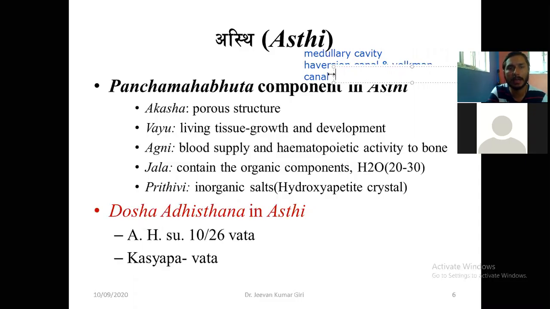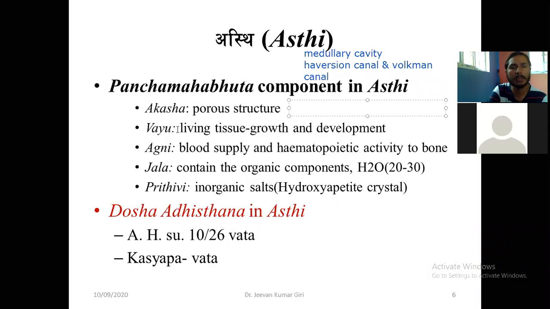Just write in bracket Akasha, give an arrow and write there chidramayata, because it is porous in its structure. The Haversian canal is connected with the medullary canal by the Volkmann's canal. So due to chidrata, the Akasha Mahabhuta is there in the asthi dhatu, we can tell.